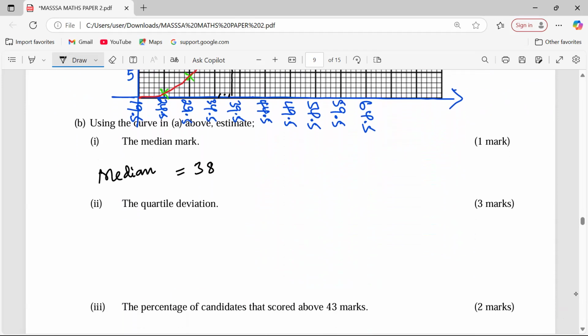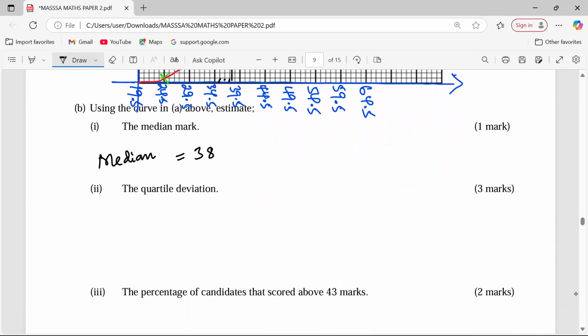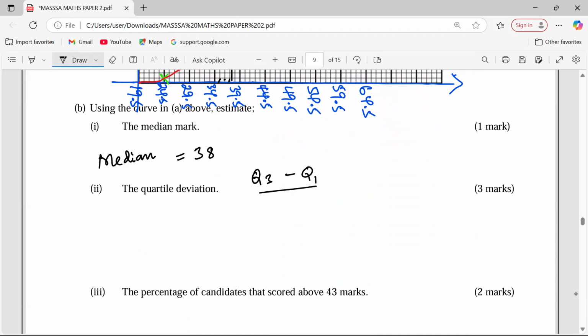The next should be the quartile deviation. For us to get the quartile deviation, we need Q3 minus Q1, then this should be divided by 2. What is Q3? 3/4 of the total population. What have they scored? This will be the 30th. We need the mark scored by the 30th.